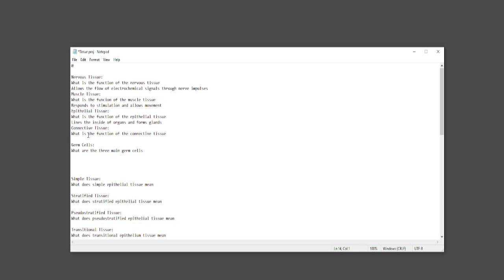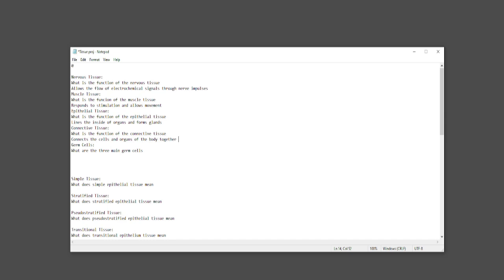Connective tissue, as it is in the name, I think it connects the cells and organs of the body together.